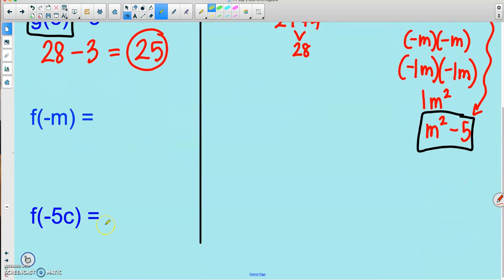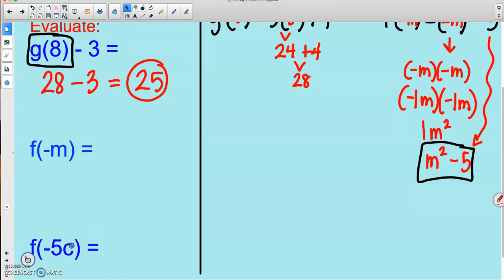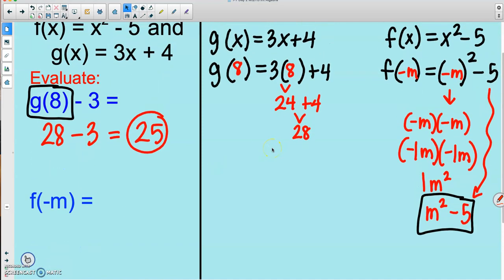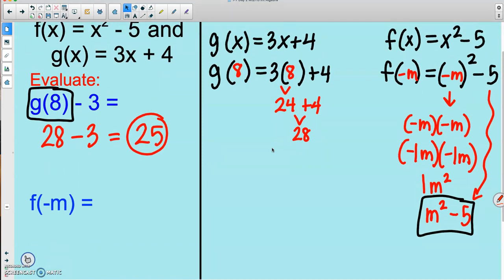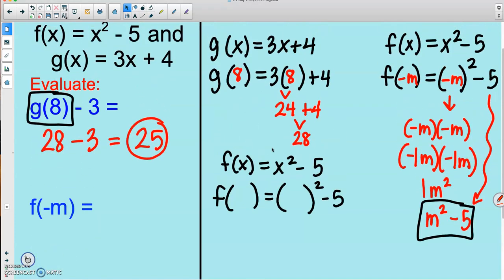And then the last one says f of negative 5c. Okay, f of negative 5c. So my f of x rule, and we're replacing the x with negative 5c.